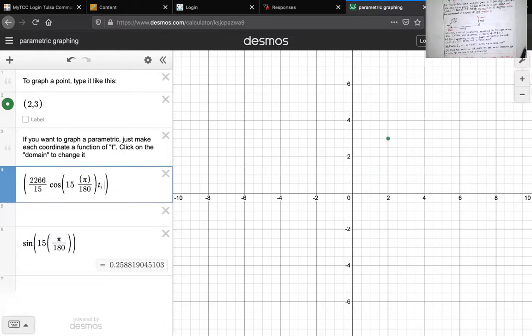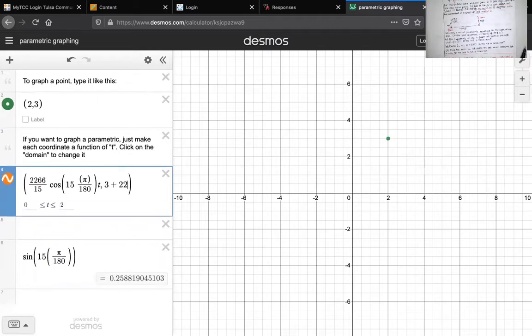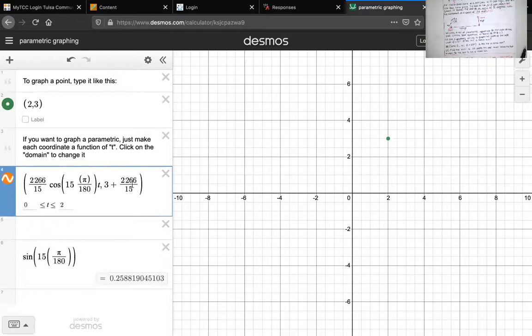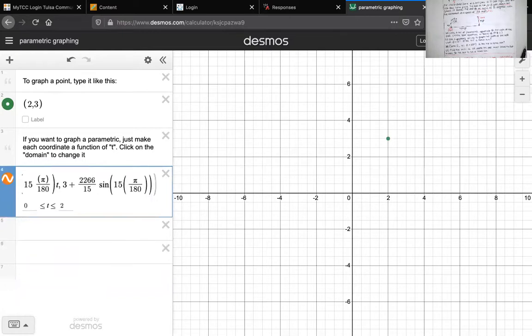And the y value is 3 plus that initial velocity, 2266 over 15, times sine of this guy, times t. And then we're going to subtract 16t squared.